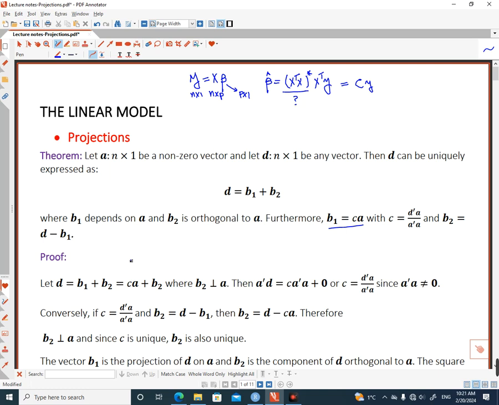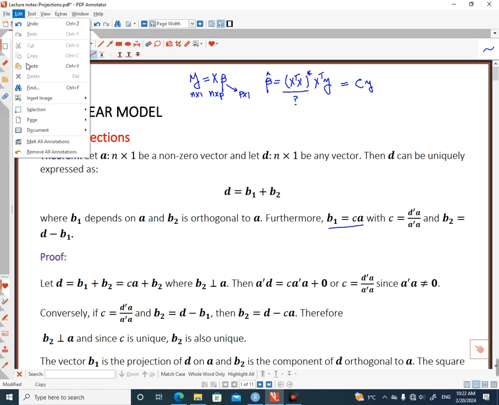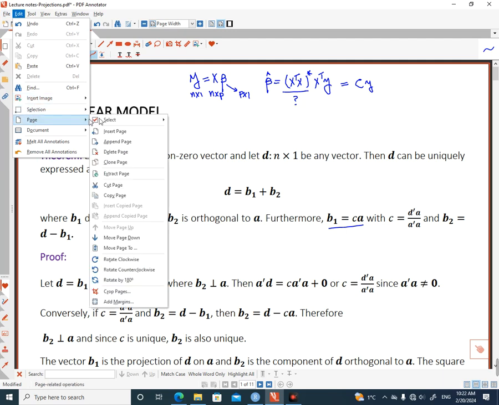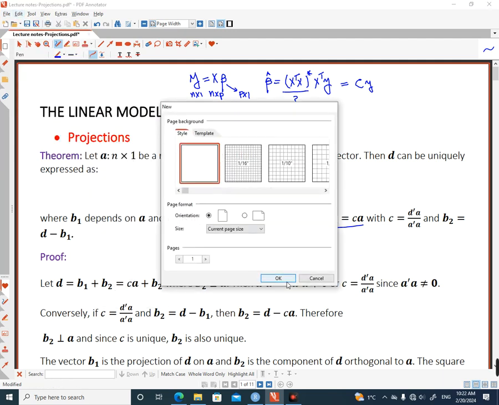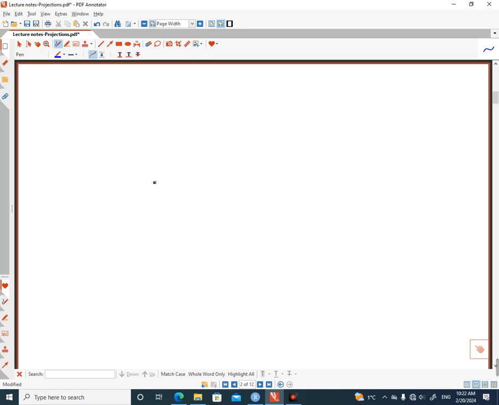Before I go to the proof of the theorem, let's have a little bit of visualization to see what this theorem says. Let's add a page and discuss it here. Let's draw a line.